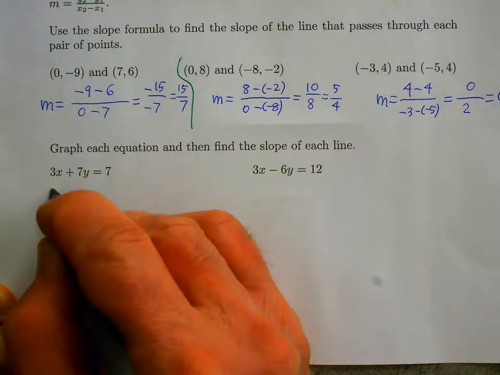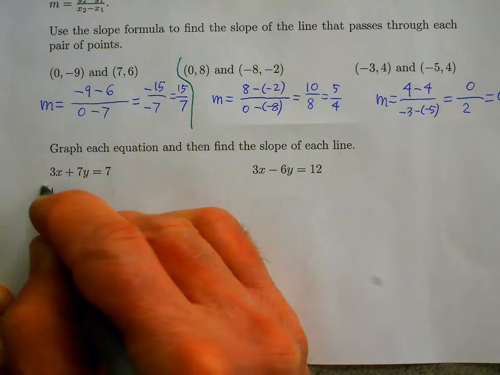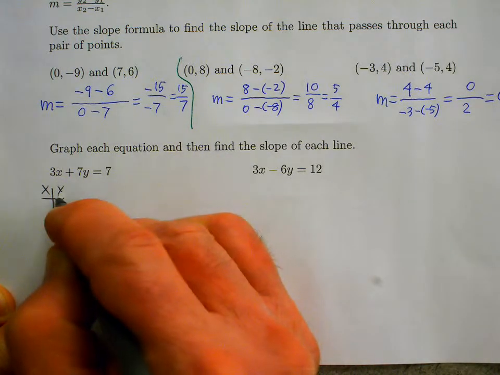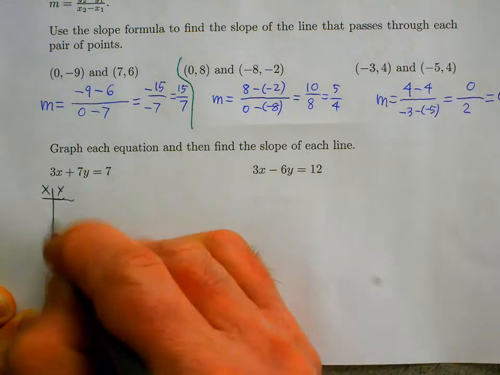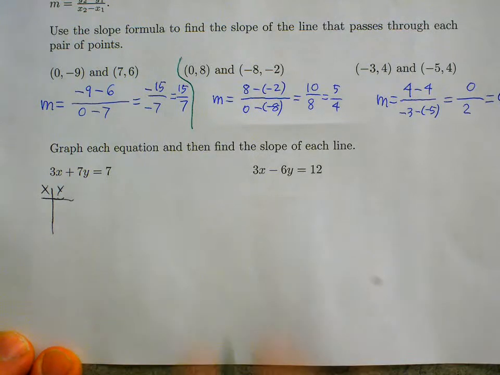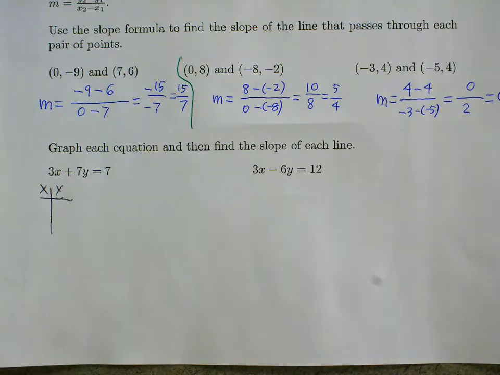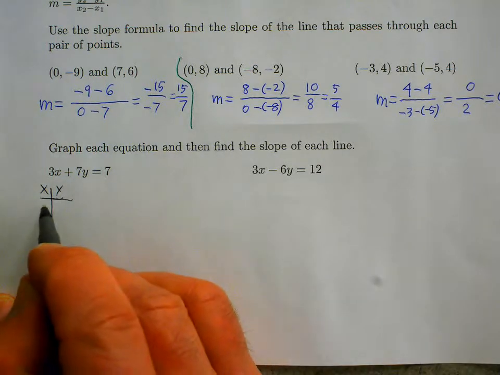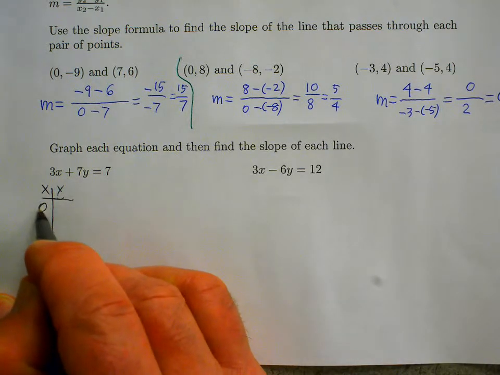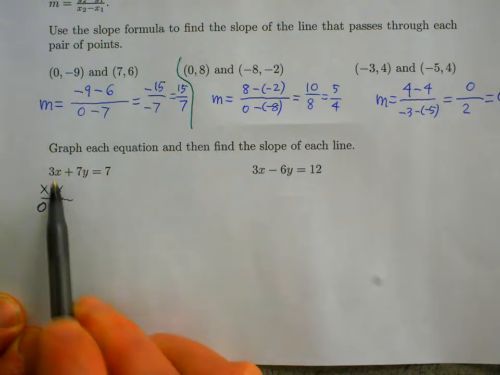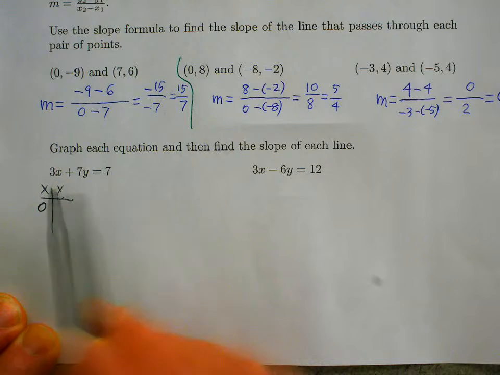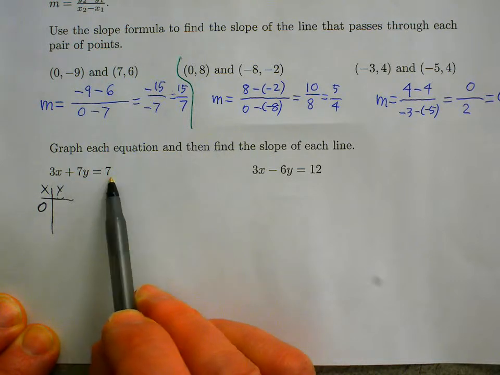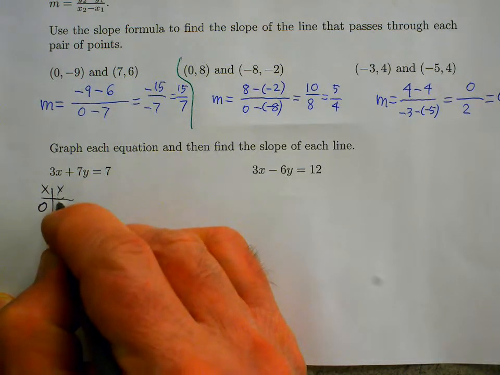Okay, so let's just pick a couple of points. There are infinitely many points to choose from. We just need to find 2. If you want to pick x to be 0 and find the y-intercept, when x is 0, just replace x with 0 in this equation, and we get 7y equals 7 or y equals 1.